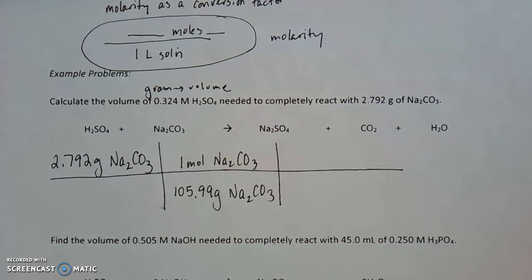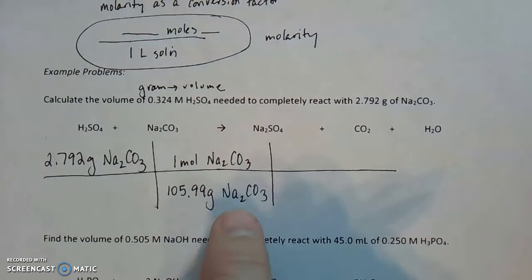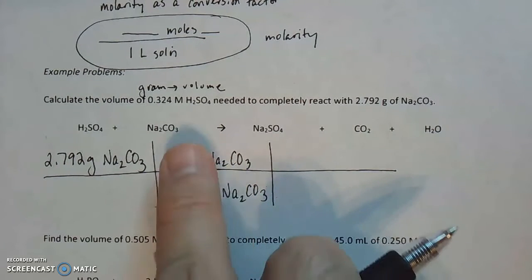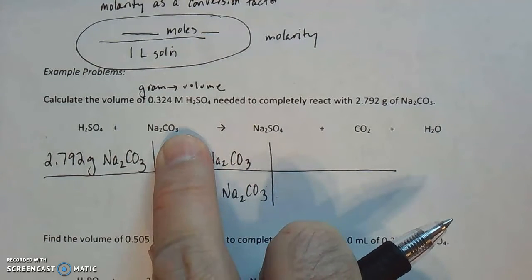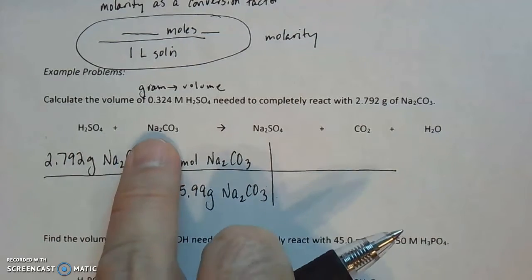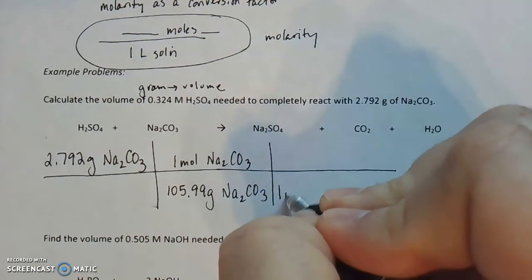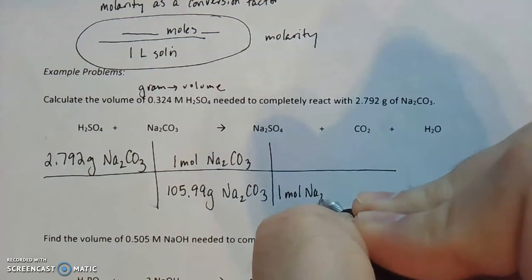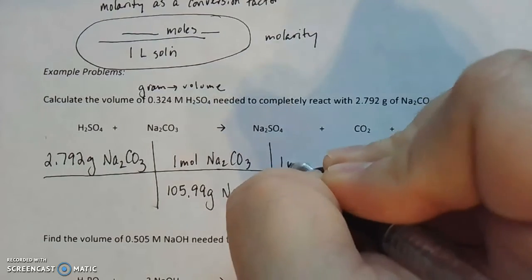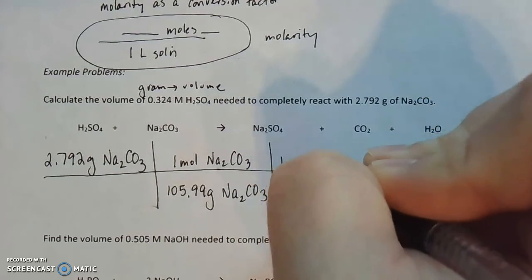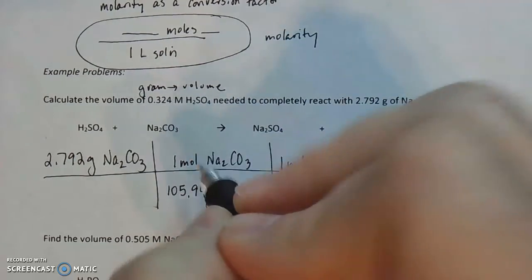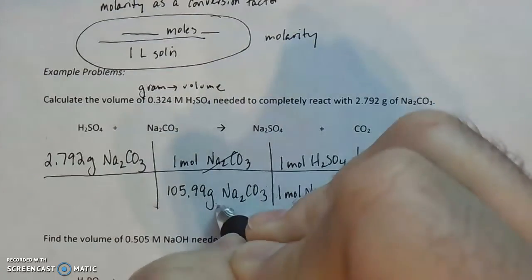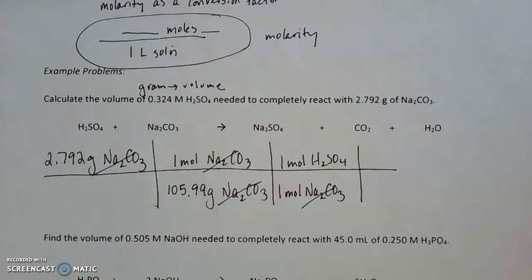Now we do our mole-to-mole ratio. So we're going from sodium carbonate, and we want to know about sulfuric acid. So it's a 1-to-1 mole ratio. So now we look, these all cross off.